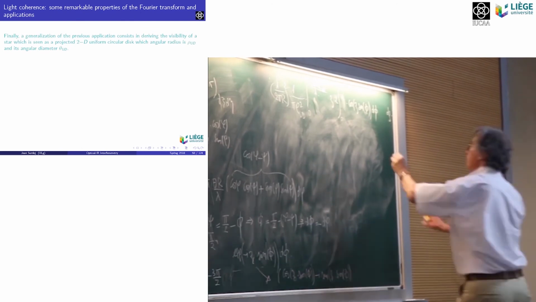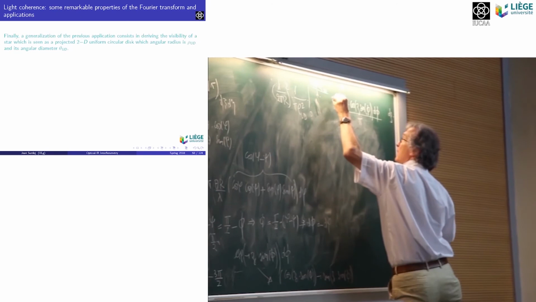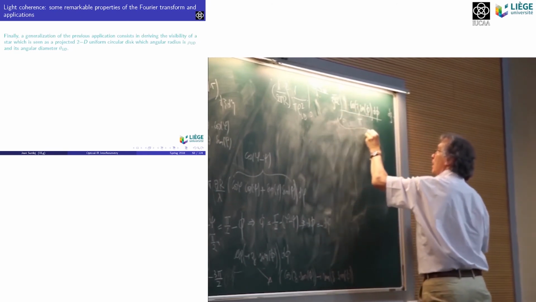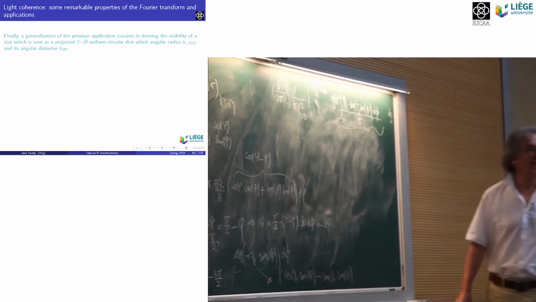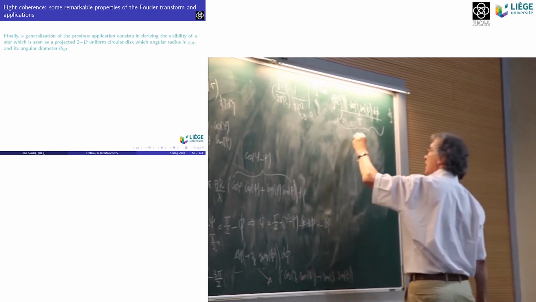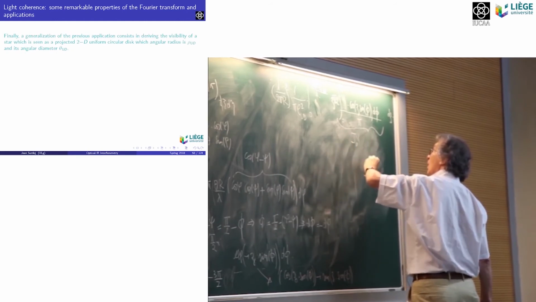Now what I do, I divide this by pi, so I have to multiply it here by pi, and here I recognize the zero order Bessel function. So this is J0 of the variable z.